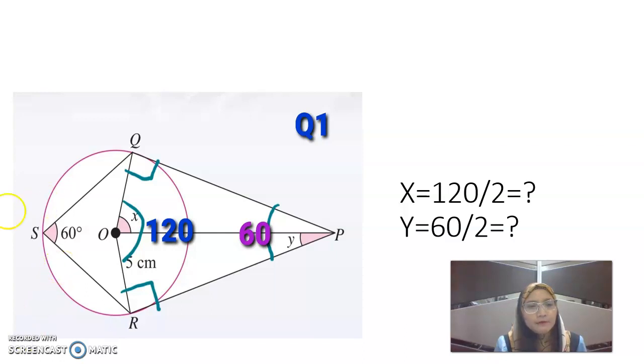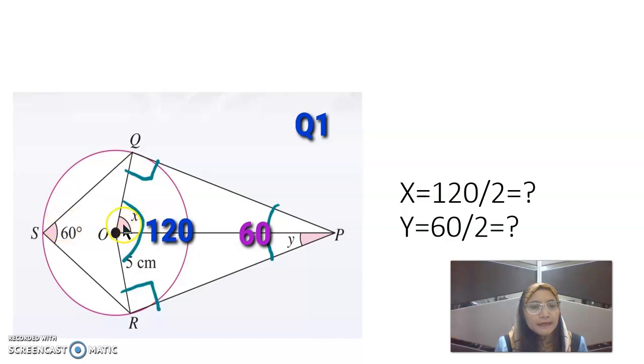See the given information. You are given angle 60. You may relate the angle at the circumference and the angle at the center.